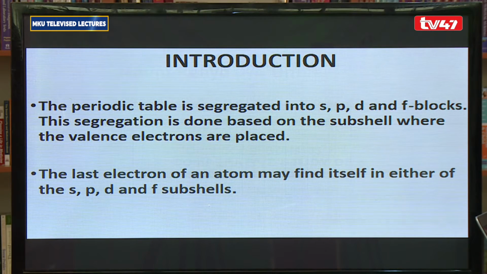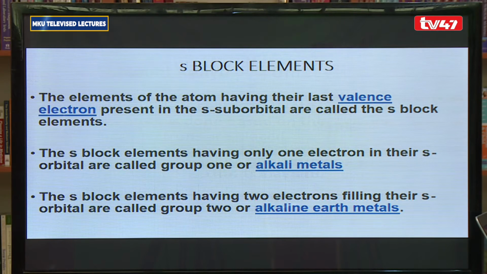If the last electron is in the P orbital, that will be a P block element. If the last electron in the configuration is in the F orbitals, then it will be in the F block category. So the S block elements are the alkali metals and the alkaline earth metals.